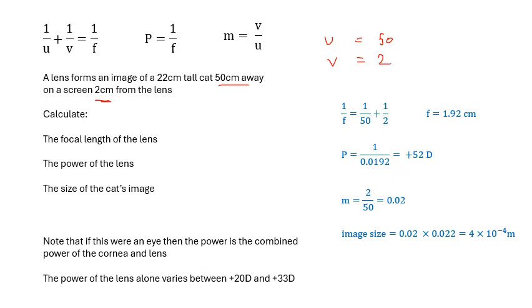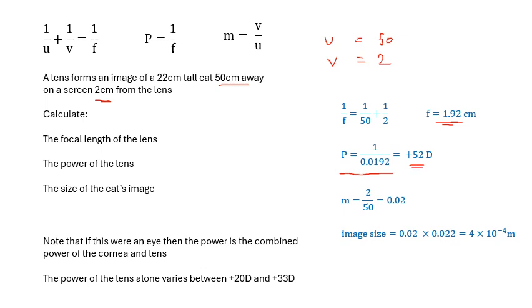Okay, so 1 over f is 1 over 50 plus 1 over 2, so f is 1.92 centimeters, and then the power of the lens, remember that f has to be in meters, is 1 over 0.0192, and that's plus 52 diopters.